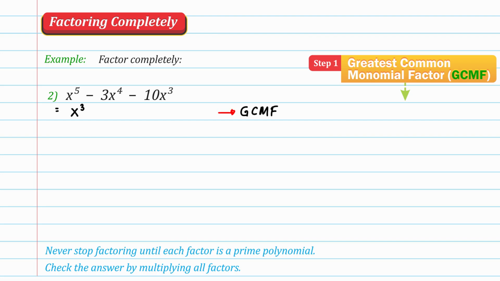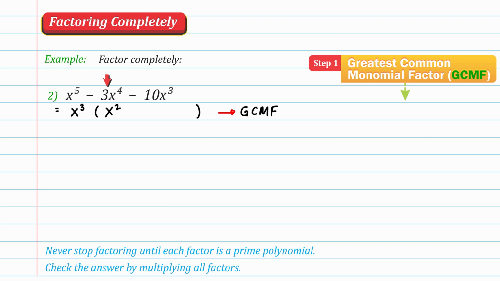So, yun na yung GCF. You factor x cubed out. To get the other factor, divide each term by the GCF x cubed. Let's try. X to the 5th divided by x cubed is x squared. Use the rules of exponents.